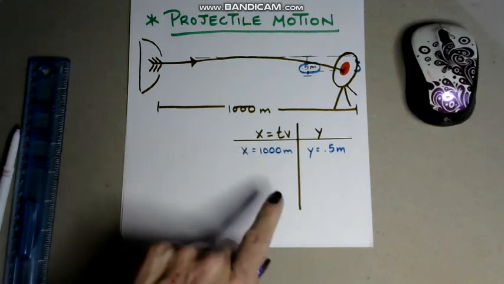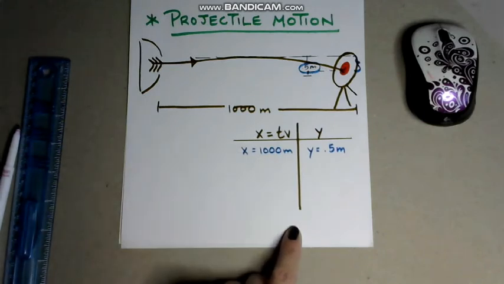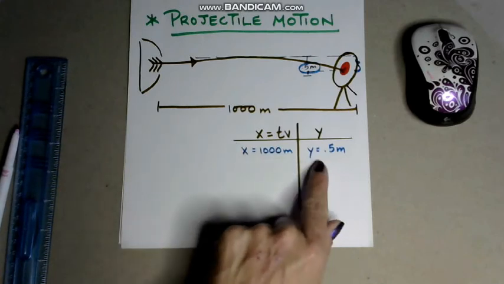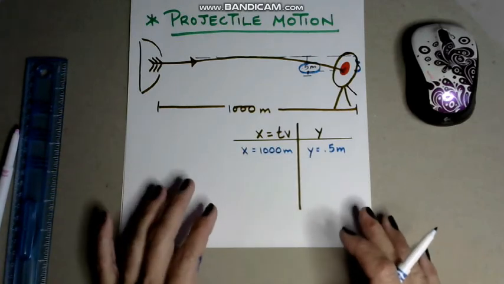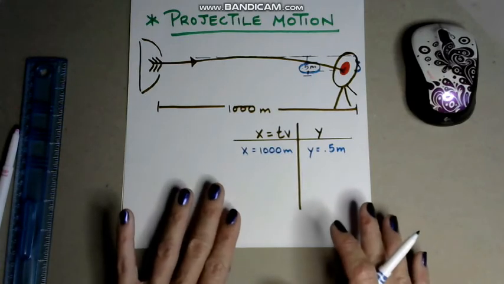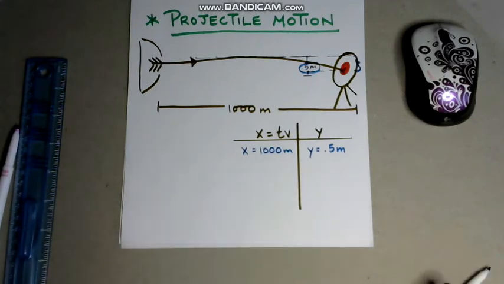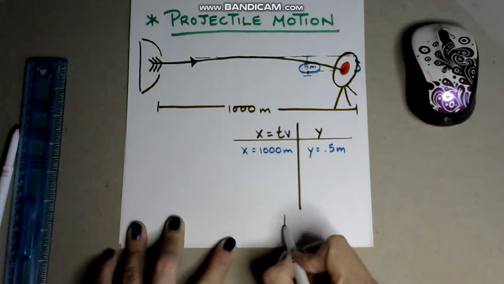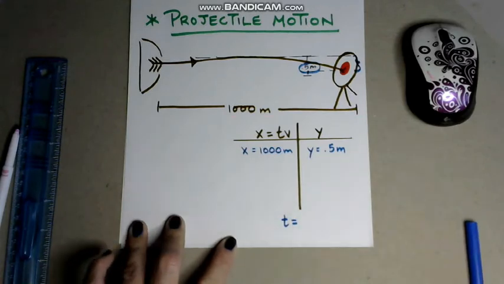What is the one thing that both x and y share? X and y are completely independent of each other. There is one thing that they share. This is a free response. I want you to answer this question now. Time.